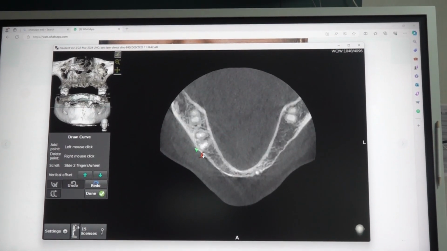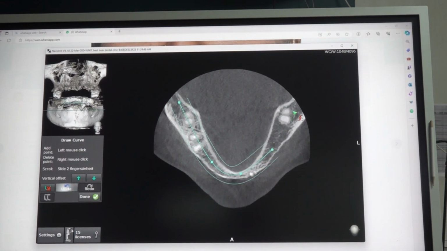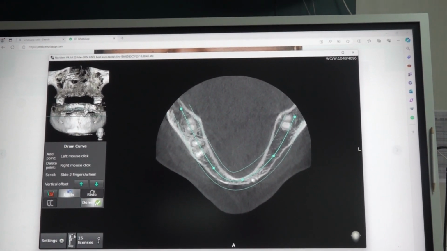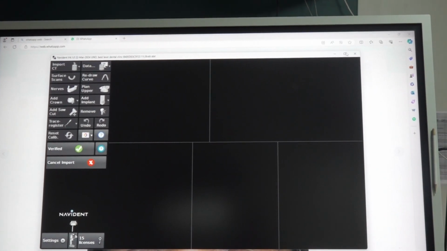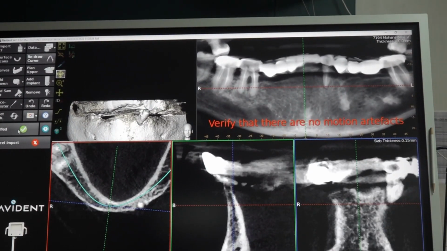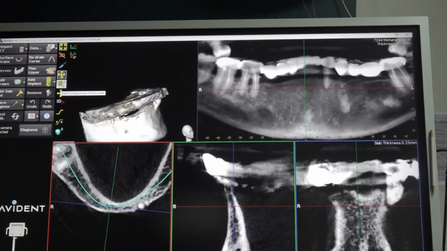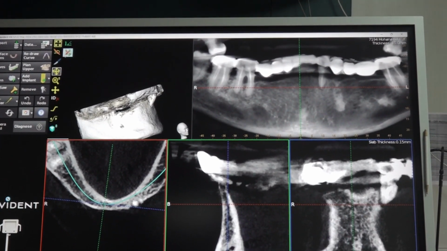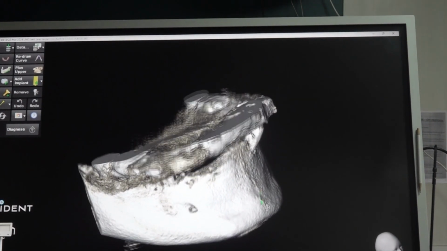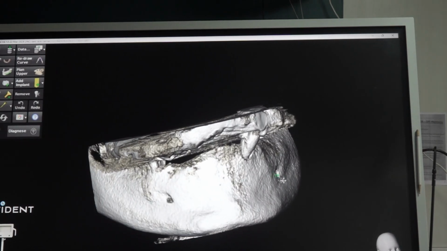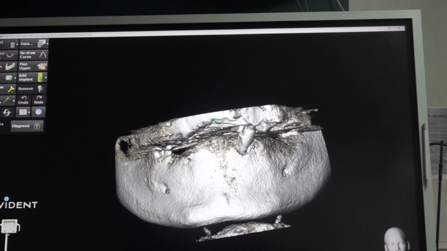So we see lower first. From the axial view, it looks like a very osteoporotic mandible, right? Already the patient was having more lower anterior tooth exposure.